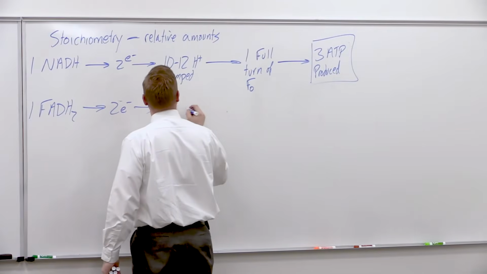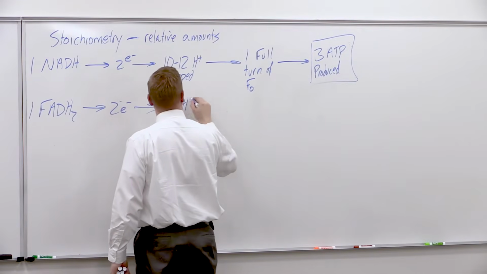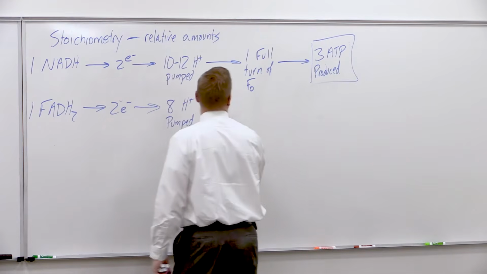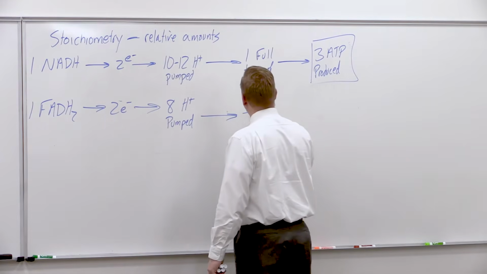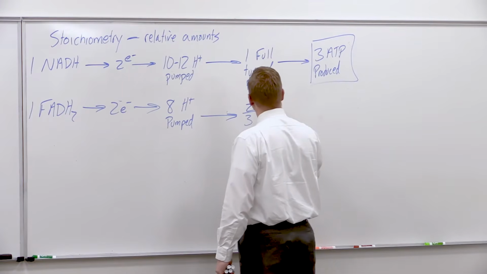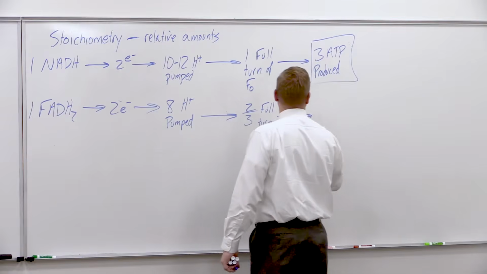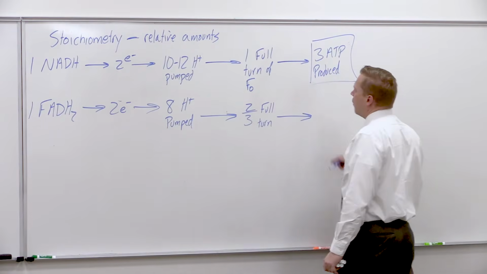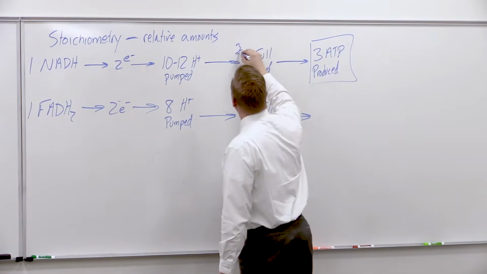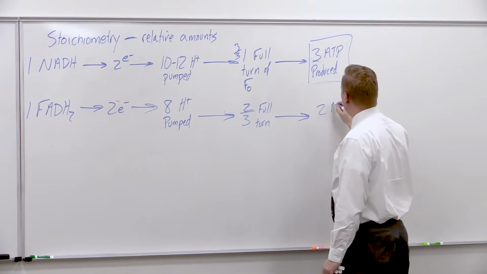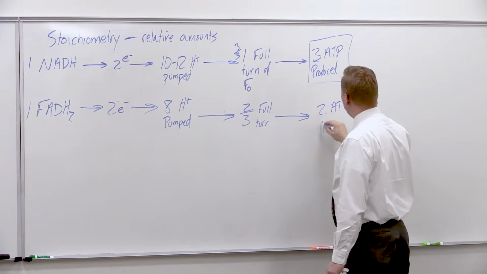So now we're only getting about 8 protons pumped. And so now we only go through about 2/3 of a full turn of ATP synthase. And since we only go through 2/3, so up here this would be 3/3, and so we produce 3 ATP. 2/3 produces only 2 ATP.